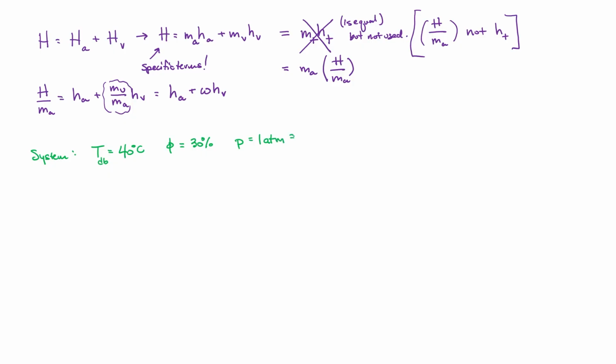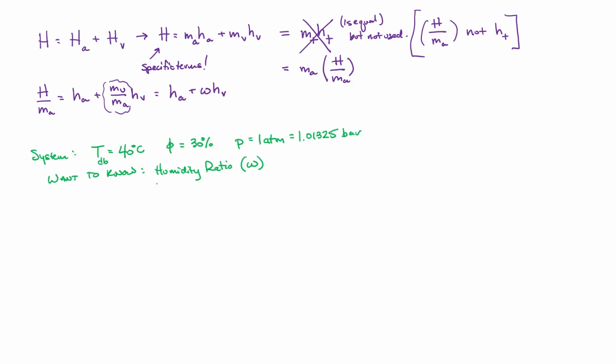1 atmosphere, and I'm going to go ahead and convert that to bar: 1.01325 bar. And I want to know what my humidity ratio is. That is omega.